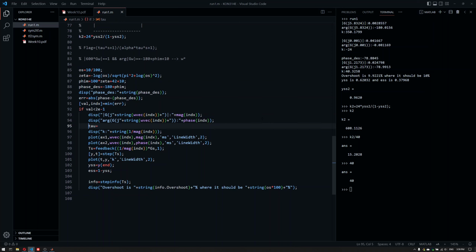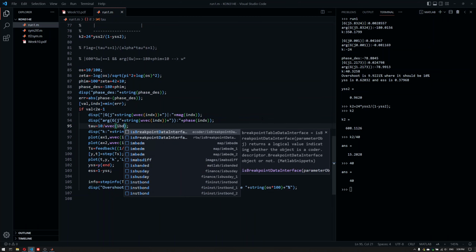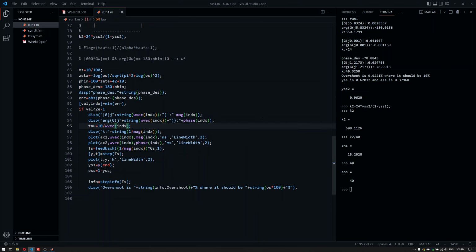And omega times tau, basically, omega star times tau is going to be 10, or less than or equal to 10. So we're going to use 10, and we're basically going to use 10 divided by omega. So omega vec index is going to be tau.